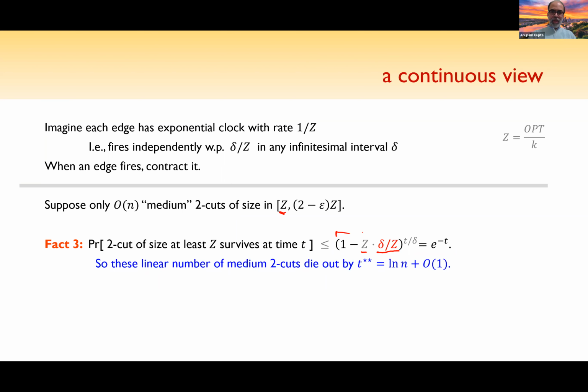So this is the probability of not being hit for so much time: e to the minus t. And there are n of these cuts, and they are dying with probability e to the minus t. So at log n time, they are all gone.